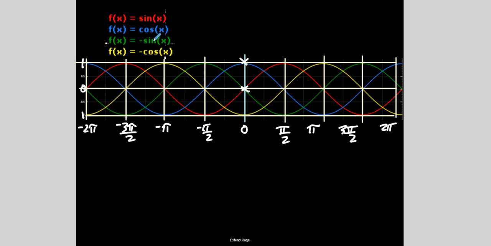So that's why this is negative sine x, because it's a reflection over the x-axis of sine of x. Just like the blue function cosine x, notice the yellow function is a reflection of the blue function over the x-axis. So negative cosine x is a reflection of cosine x over the x-axis, and again, negative sine x is the reflection of sine x over the x-axis. Okay, so we're going to use this graph to answer the questions or to derive the formulas in this video.